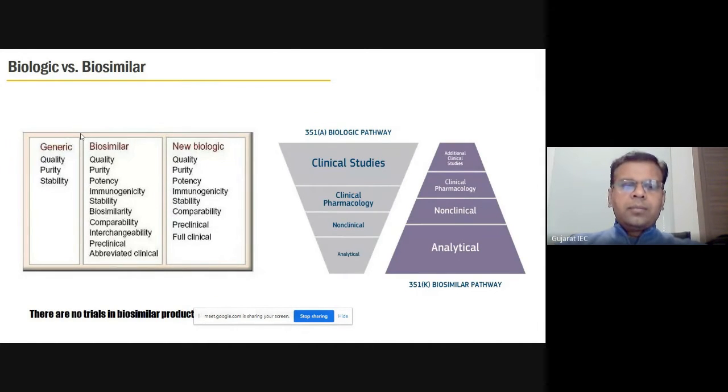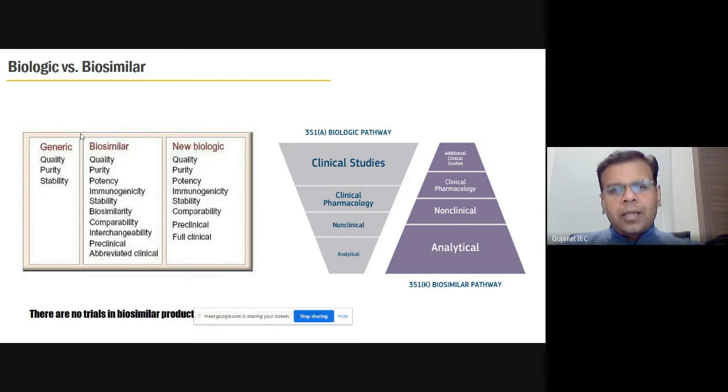Now, there are different ways to get there. If you are the biologic, the first one with the original key, then you need to do a battery of studies, right from clinical pharmacology, non-clinical, and analytical studies, with loads of clinical studies.